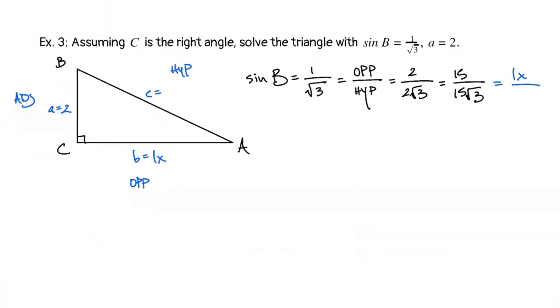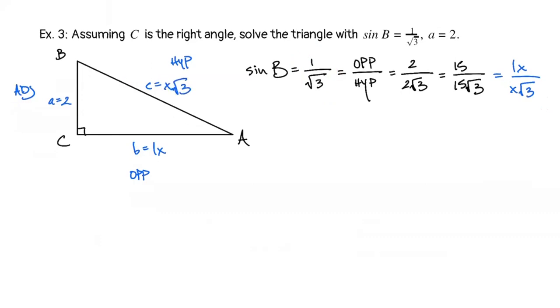In other words, what would I put down here so that when I reduce the fraction, I get 1 over root 3? Yeah, exactly. If I put x square root of 3, the x's will reduce and I'll get to 1 over root 3. So x root 3.